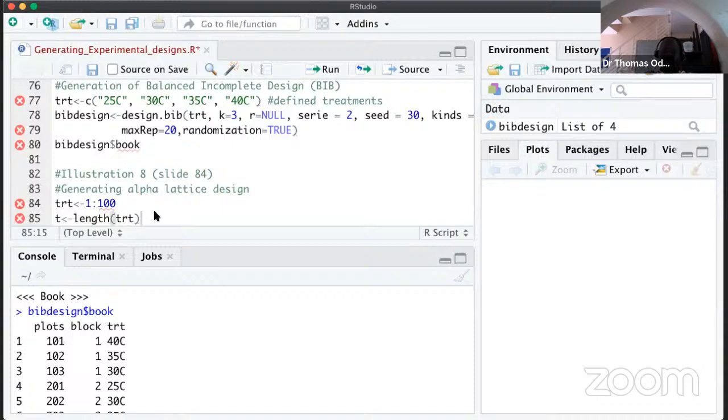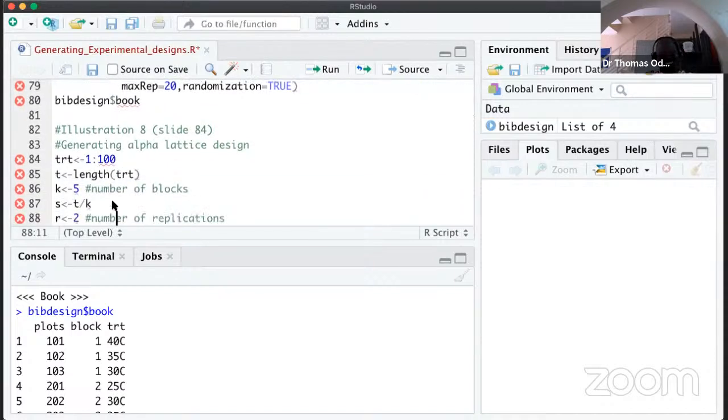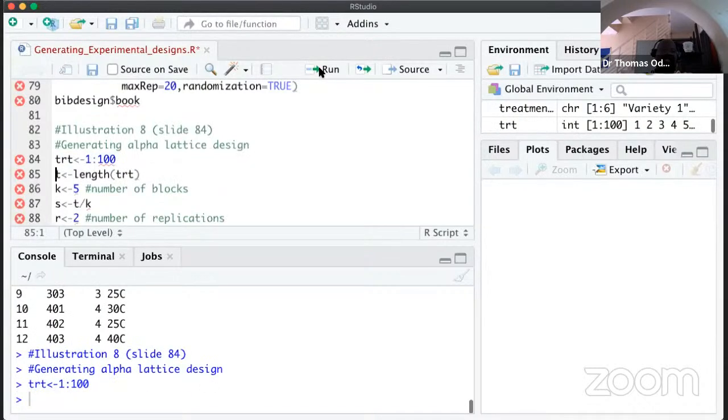And then finally, we can create our lattice. So my second finally, we can create the alpha lattice design. So here you need to define the treatment. Remember, in this case, the treatments are very many. So here we have 100 treatments. So we can get t. t is supposed to be the length of the treatment, which in this case is 100.